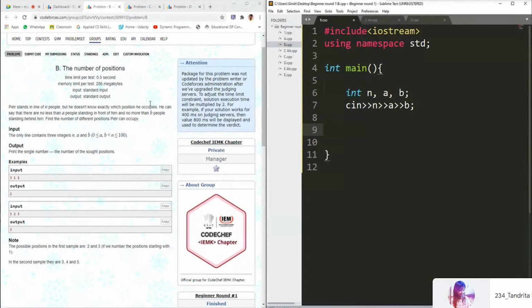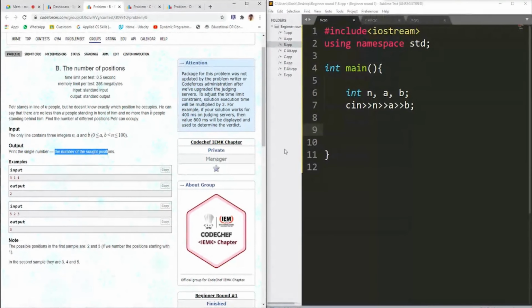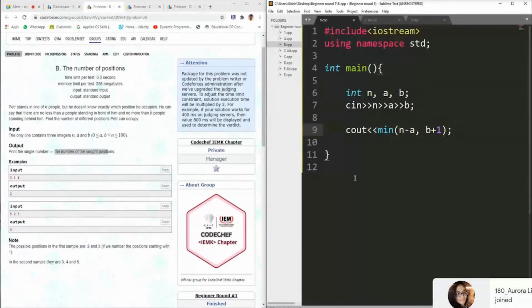And what do I need to give in the output? I need to print a single number, the number of different positions. The number of different positions will be the minimum of n minus a and b plus 1. So that is the solution.